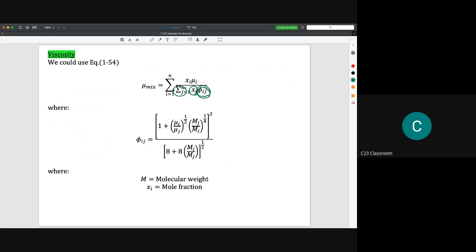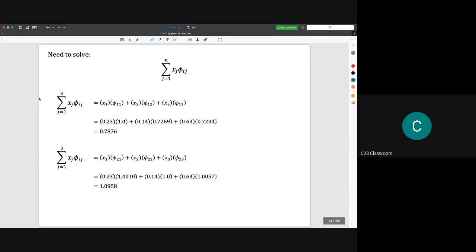So now you are calculating the bottom part. We get the phi here, so we need to multiply the phi here with the xj, and then the sigma here can be written as this one.